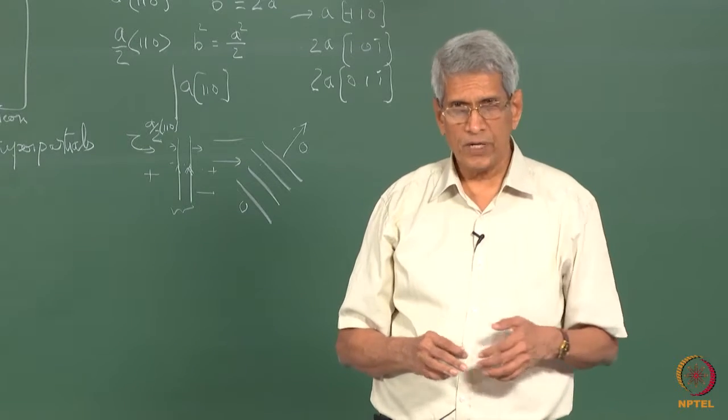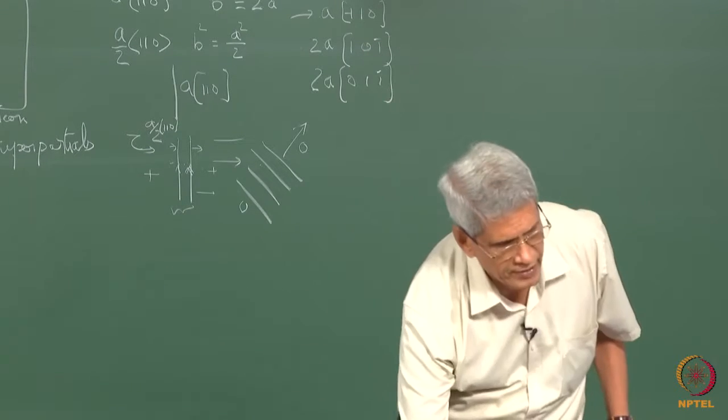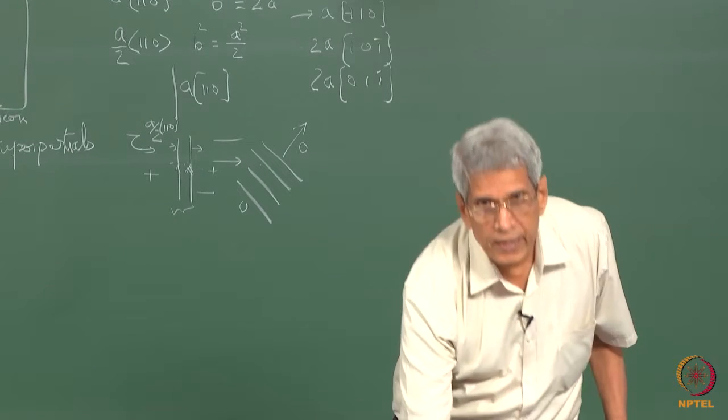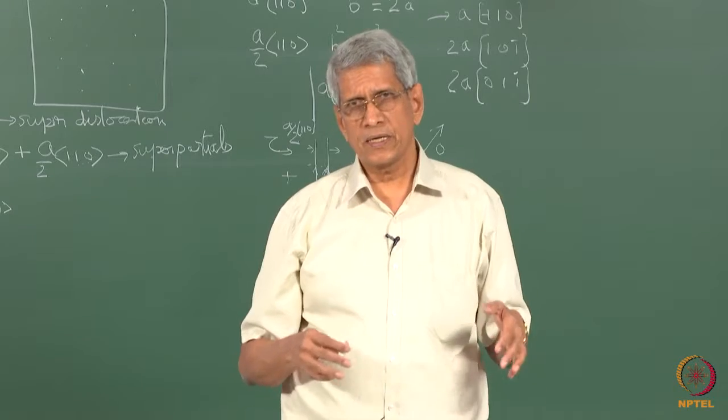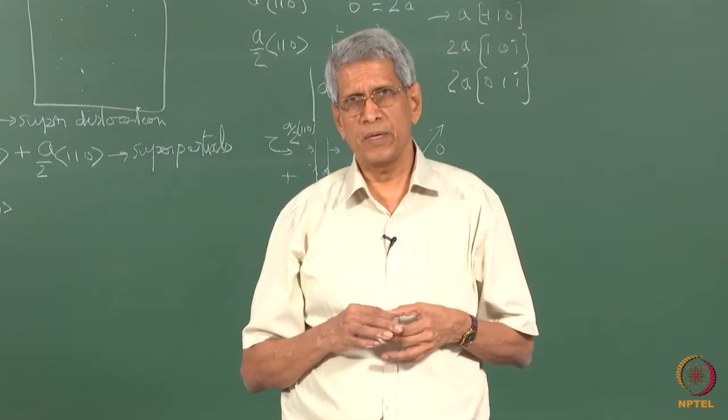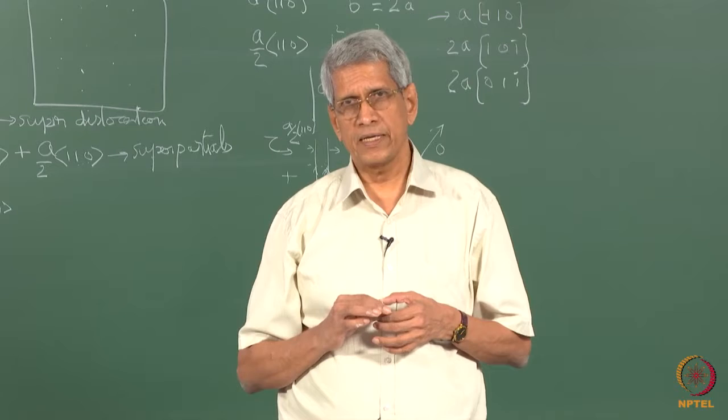Here is what I have tried to do. It is the same structure which I have considered, showing that in this same crystal structure, an ordered lattice, if dislocations are present, what types of dislocations could be there, super dislocations. And the same structure, if you remember how we defined the APB in a 2-dimensional lattice.